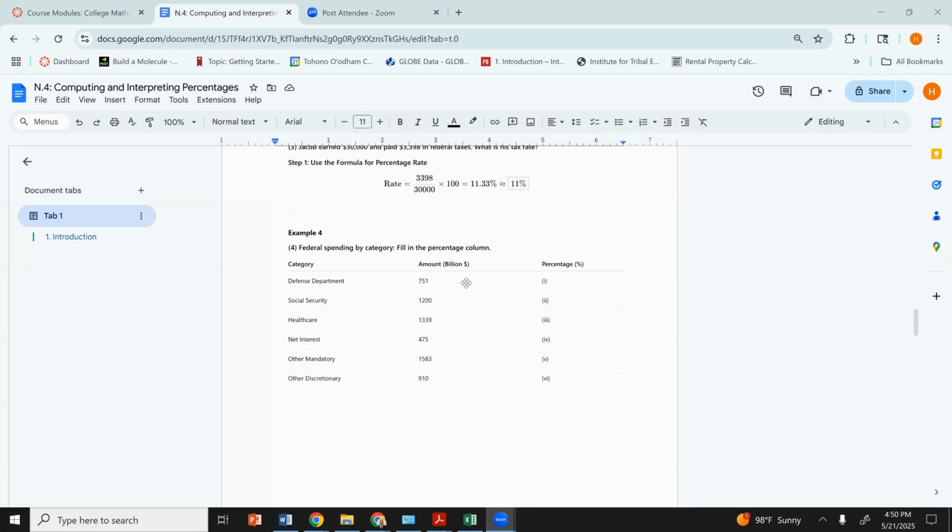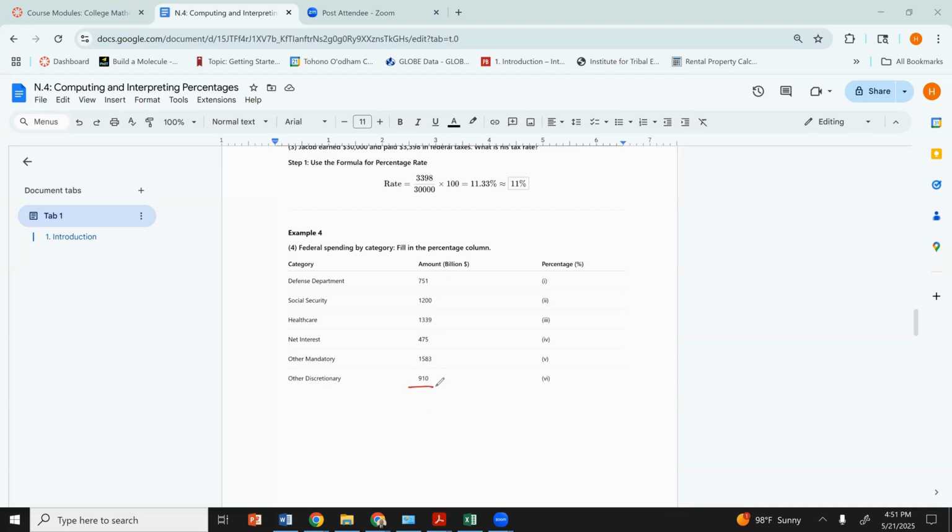So for you to be able to do anything, you have to have a whole or a total. Okay, you must have a total. So if this is the spending for each category, then this would make up the budget, or the total amount spent on each category. So if you add all of these numbers, it's going to give you some total here.